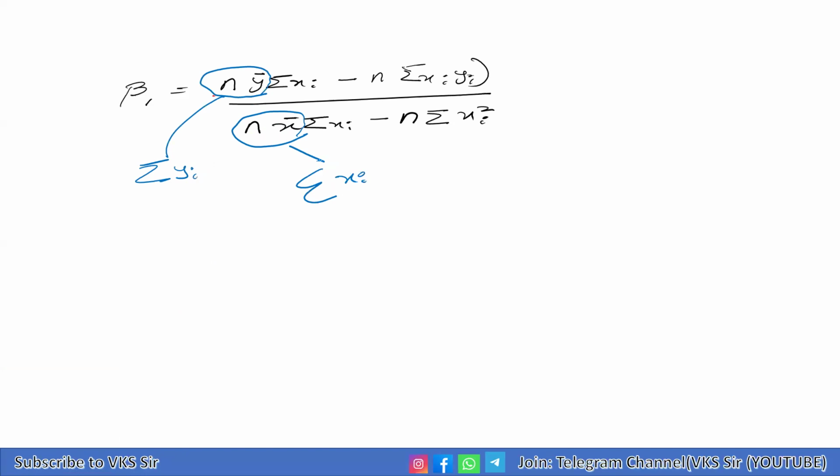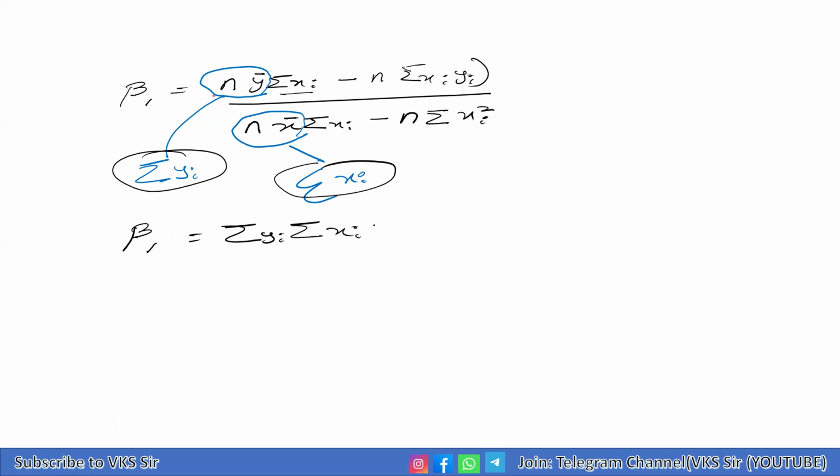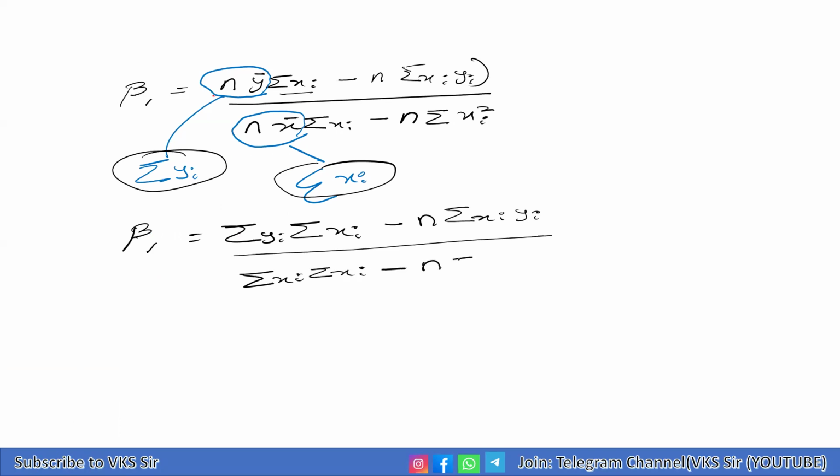So now we can say that beta 1 is equal to, just replace these two: sum of yi times sum of xi, negative n sum of xi yi, divided by sum of xi times sum of xi, negative n sum of xi square.